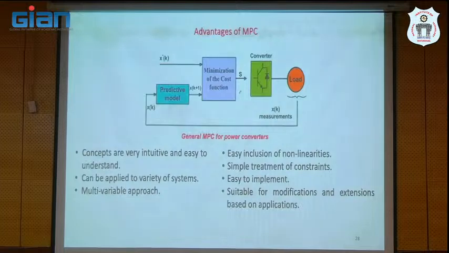So in model predictive control, what is the advantage compared to PI? What is the limitation of the PI controller? Saturation, tuning, we already discussed.